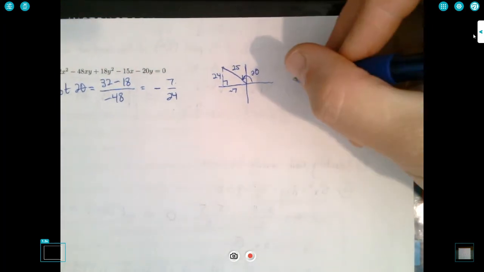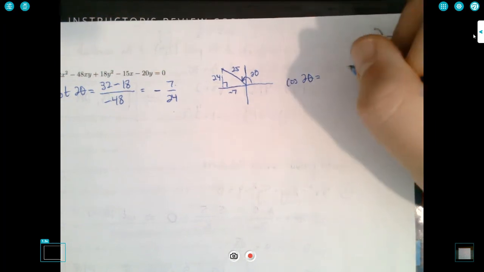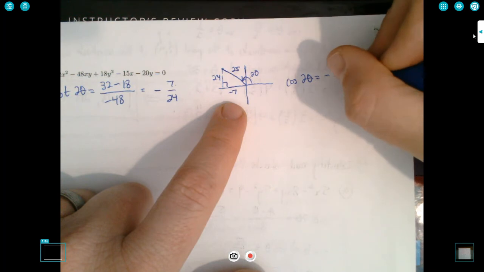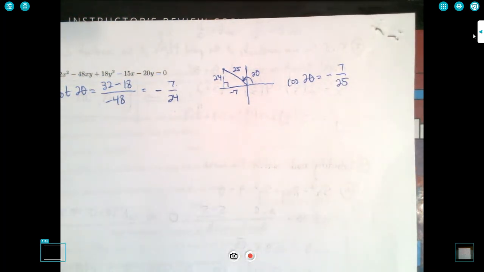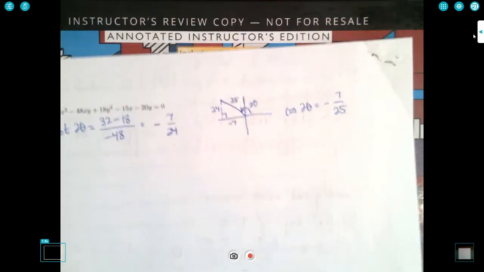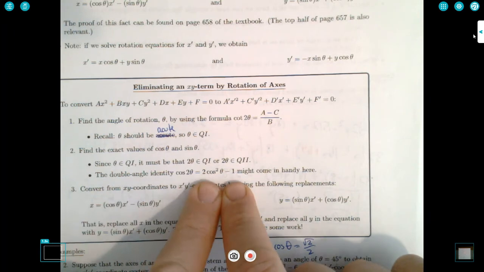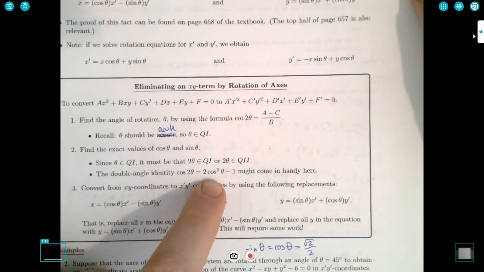That means that cosine of 2 theta is adjacent over hypotenuse, so negative 7/25. Okay, so how does that help us? Well, I'm going to use this identity right here in order to figure out the exact value of cosine theta. And once I have that, I'll be able to find the exact value of sine theta as well.